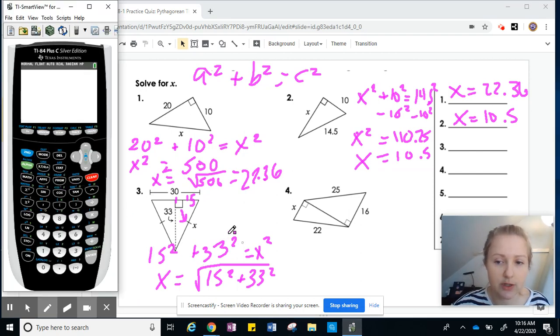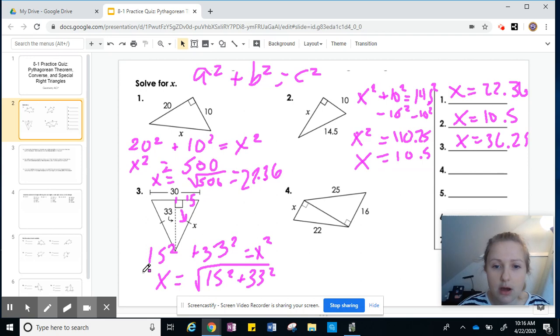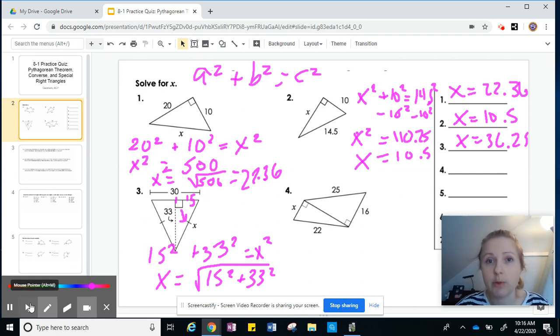So let's do the square root of 15 squared plus 33 squared. So x equals 36.25. So number 3, x equals 36.25. You don't have to do it all in one step if you don't want to, but you can.